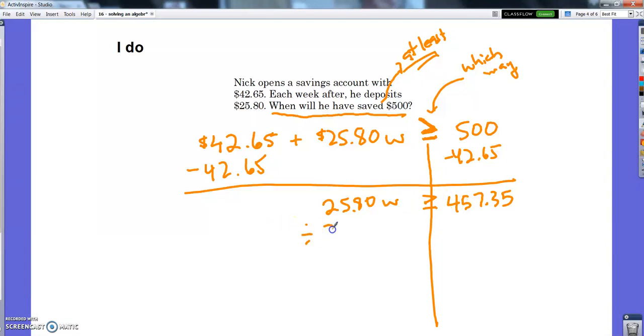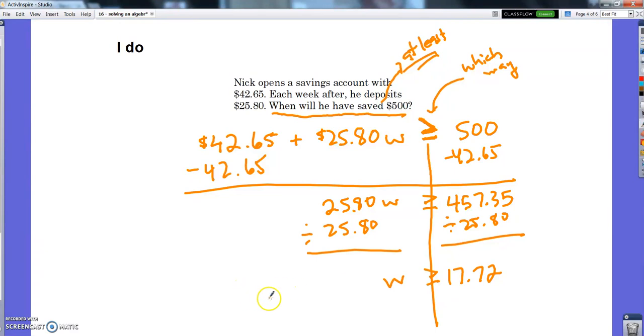And then divide both sides by 2580. And I already know what that is because I just did it. And so I get the number of weeks has to be greater than or equal to 17 and a little bit.